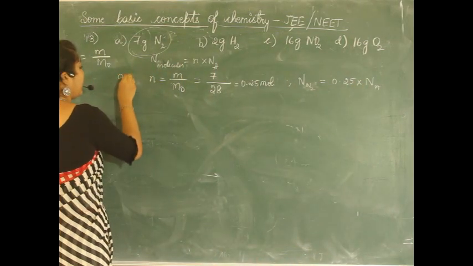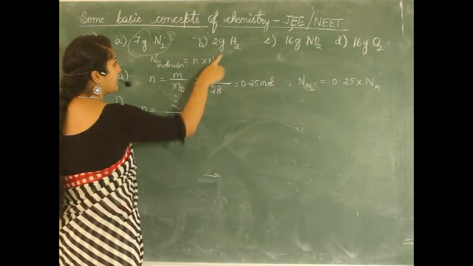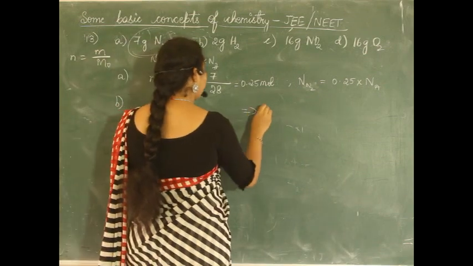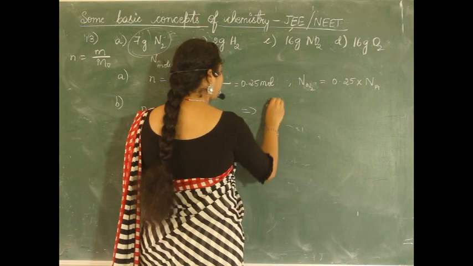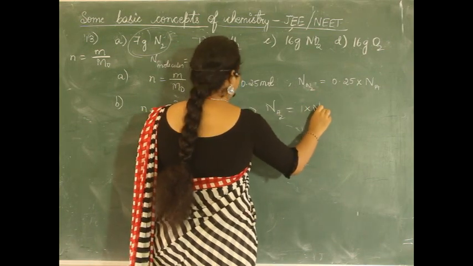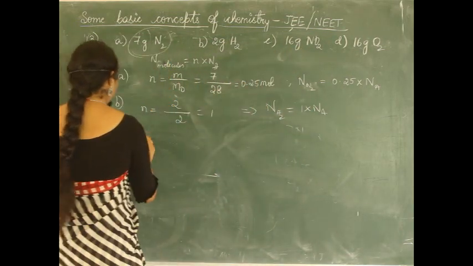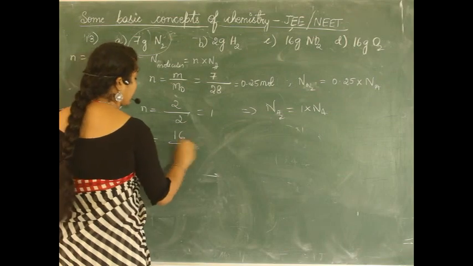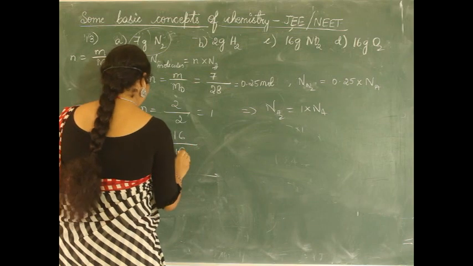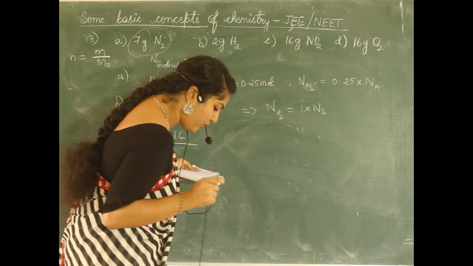Same way, let me check it for option B. n is equal to given mass 2 by molecular mass, again 2, so 1. That implies the number of molecules will be 1 into Avogadro's number. Let's check for option C. Here n is equal to given mass 16 by NO2, 14 plus 32, it has to be.